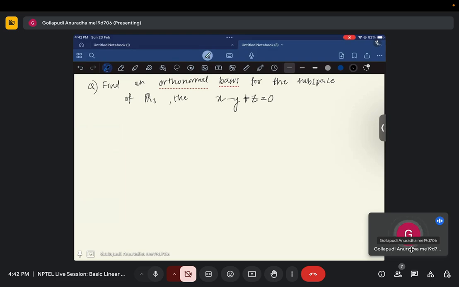Okay, so first of all, you have to find the basis. Then we can orthogonalize it, right? So you can start with finding the basis.